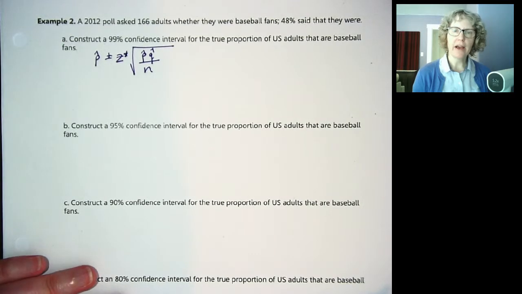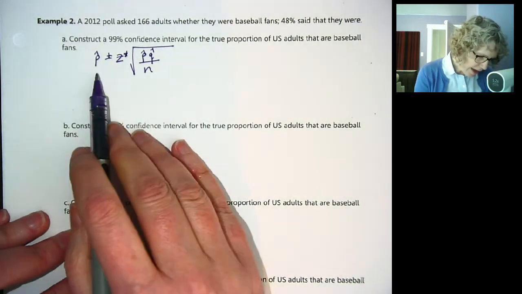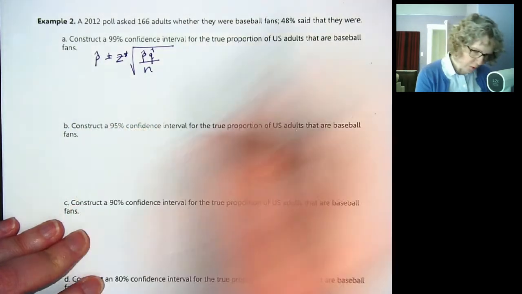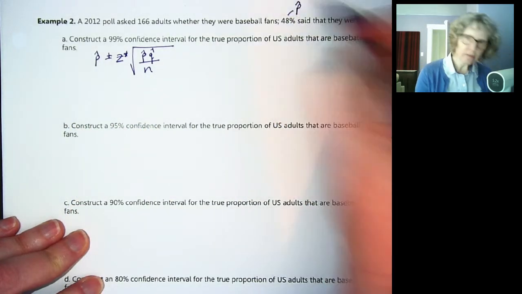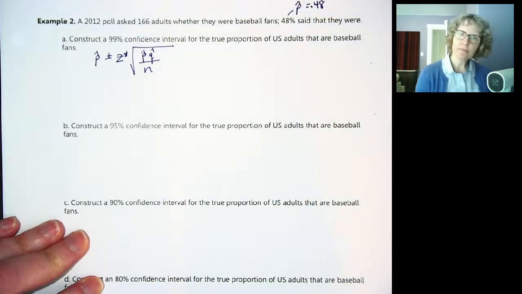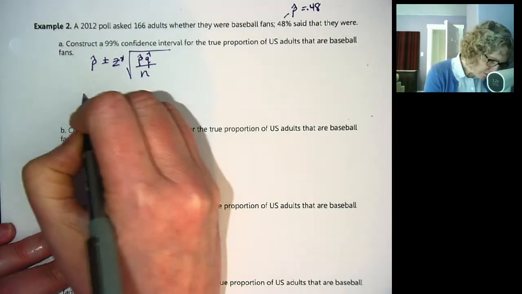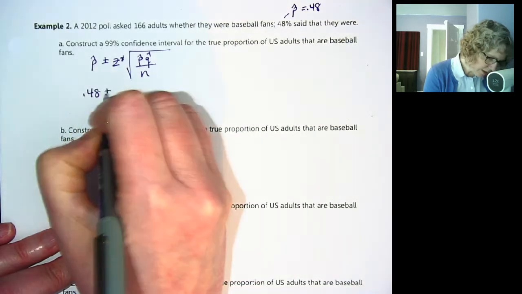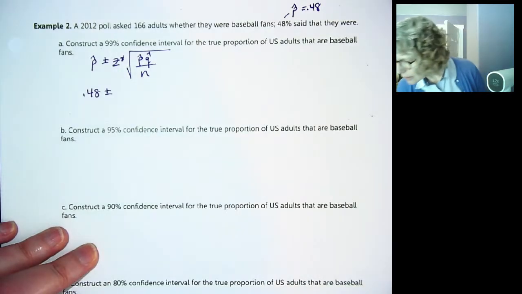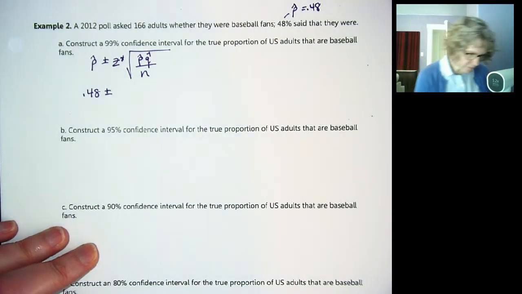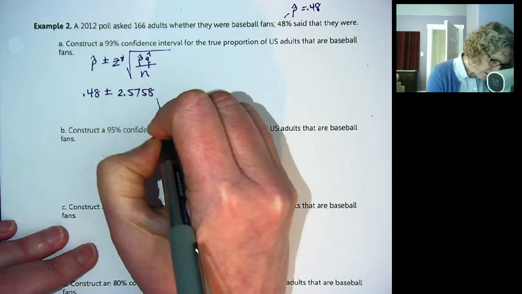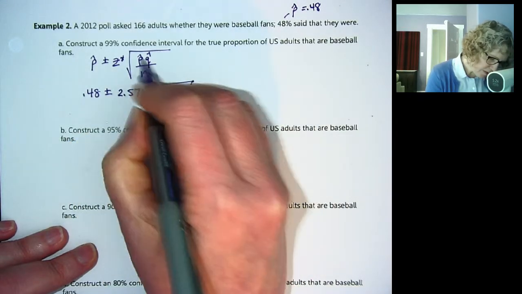Okay, so do we have all this information? P hat is coming from our sample, it's our sample proportion. So this is P hat, in decimal form, 0.48. So 0.48 plus or minus. What's our Z star for 99%? It is 2.5758 times the square root of P hat again.